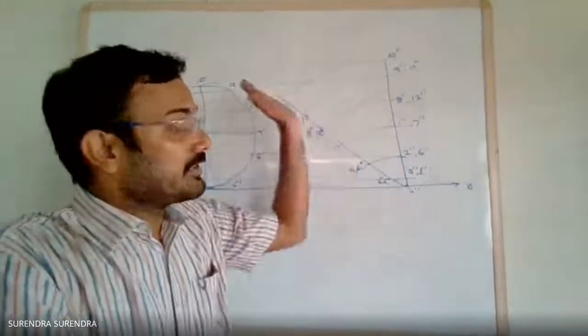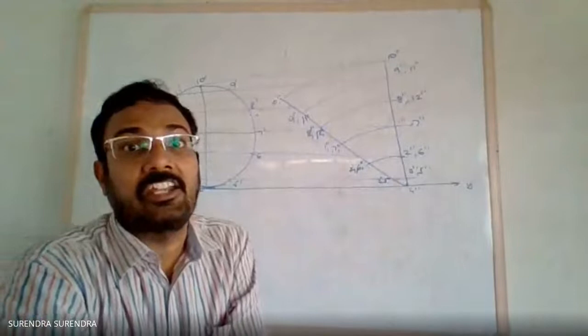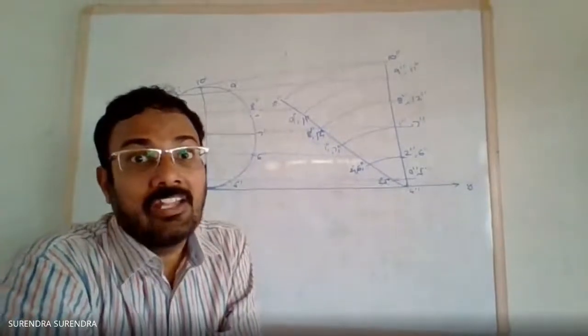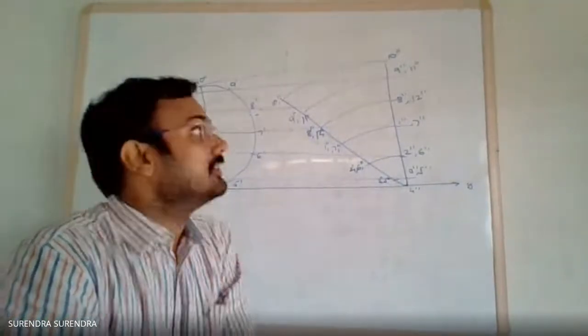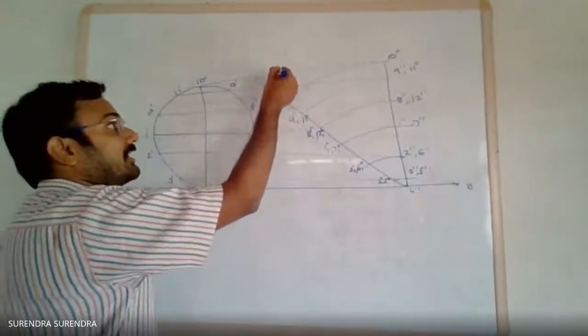Now, this is the position when the circle is inclined at 30 degrees to HP and 60 degrees to the VP. So, passing through the double dash points, draw a vertical line.